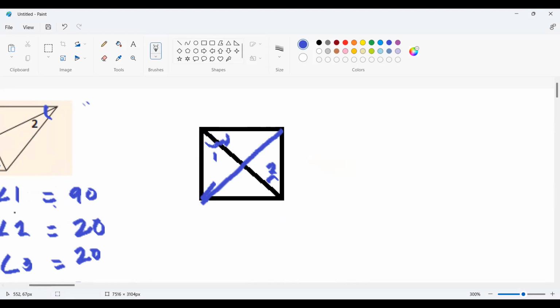The four angles that were split by the two diagonals are all equal, which means that angle 1 and angle 2 are just equal, no? So it means that 45 is equal to 45.